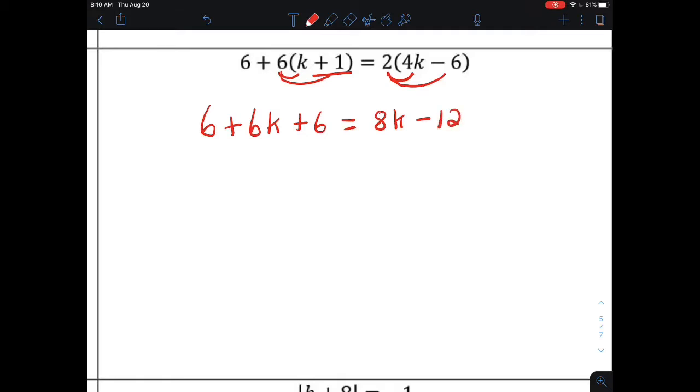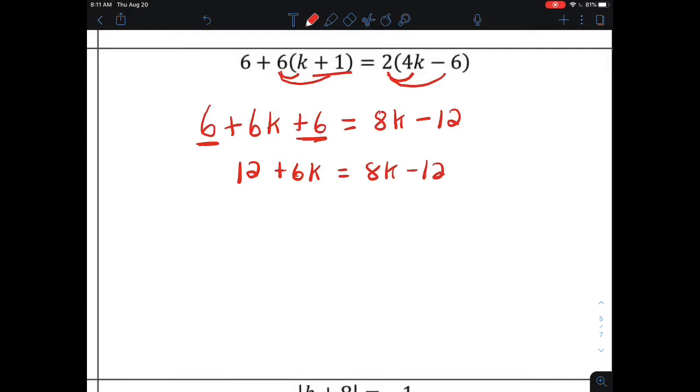Now we can look and say, all right, I'm going to look to combine like terms. I have two 6's on the left-hand side, so I can put them together. 12 plus 6k is equal to 8k minus 12. All right. Now that there's no terms left to combine on either side, I got to pick what side I want my variables on.